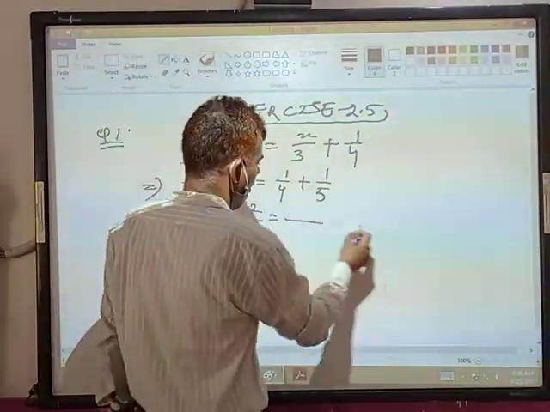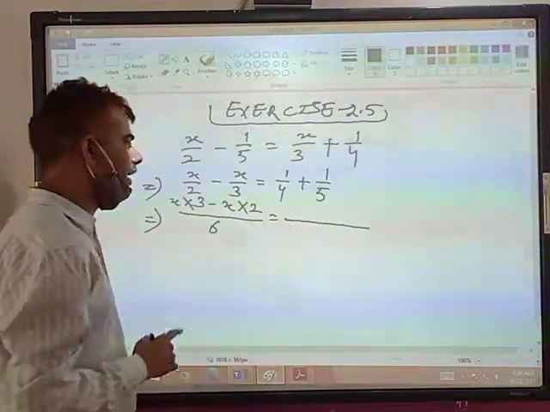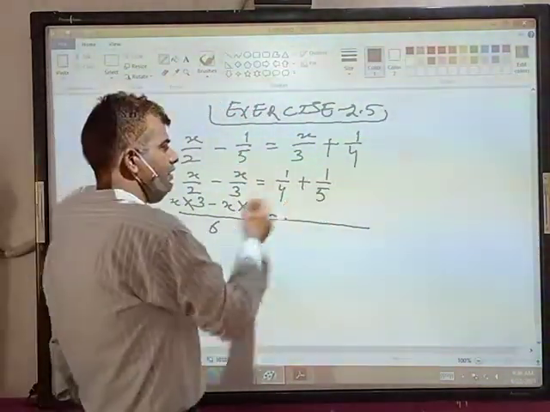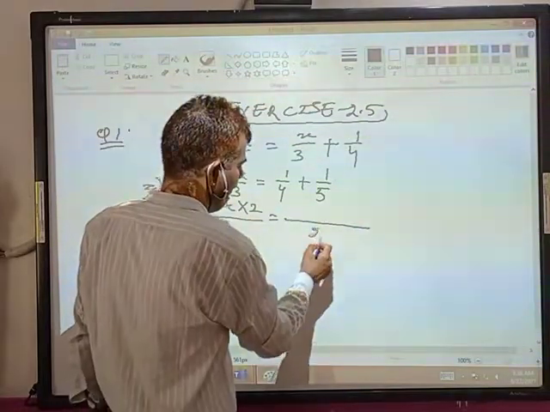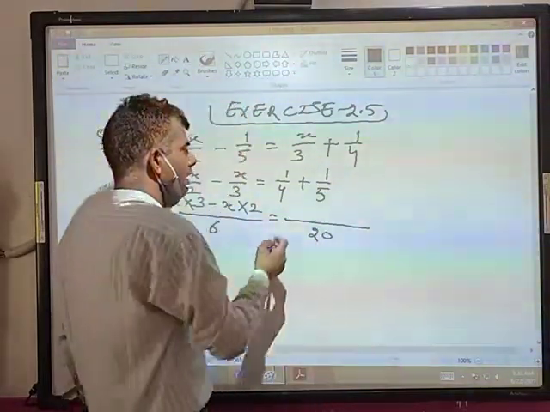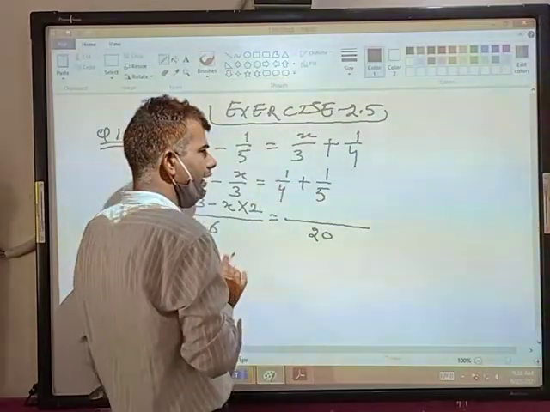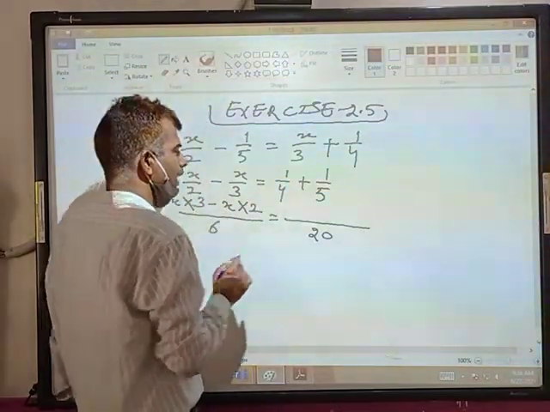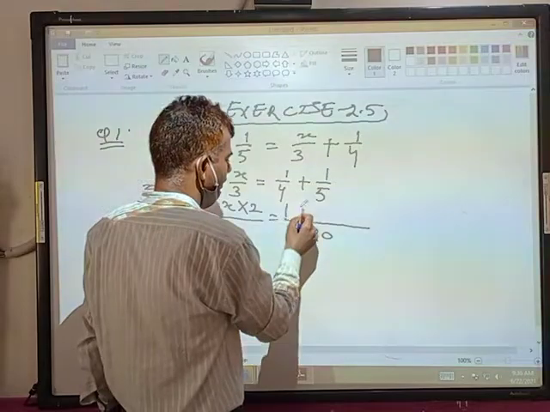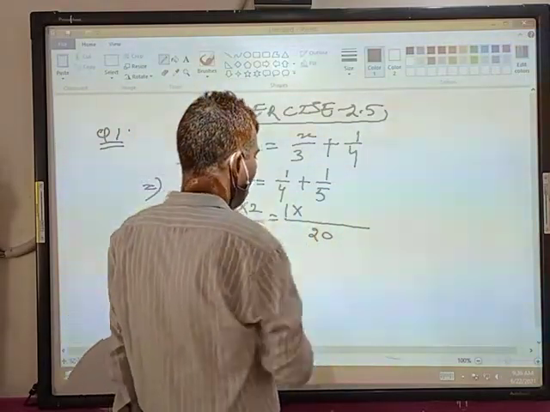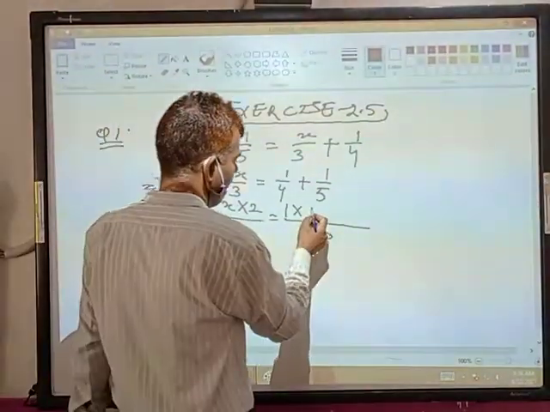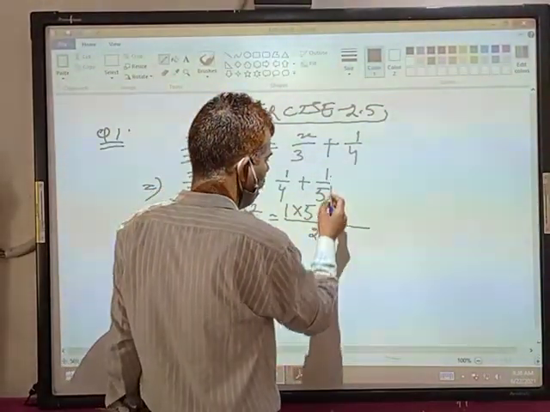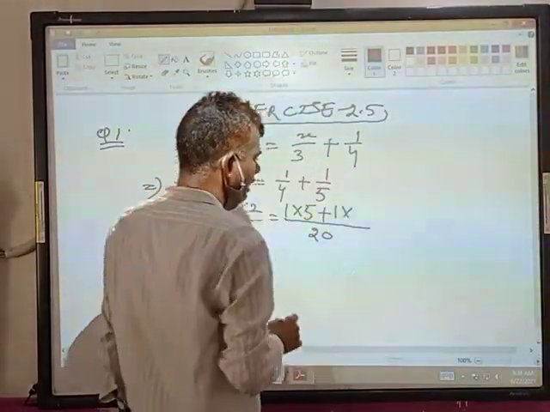Okay. Now students, LCM of 4 and 5 is 20. Your numerator is 1. How many times does 20 come in the table of 4? 5 times. Now 1 as it is, times 5.